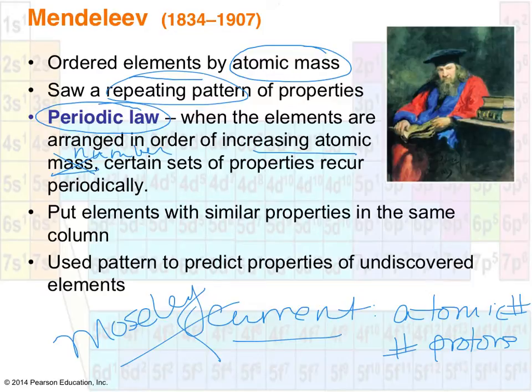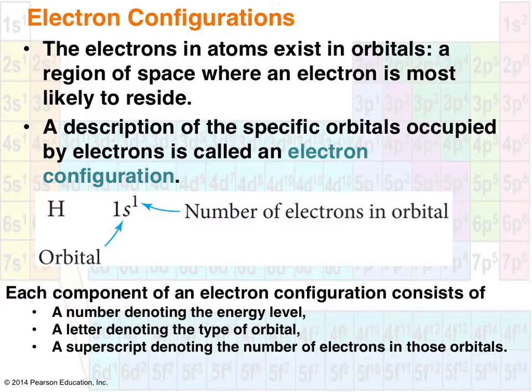And if you know the periodic table at all, you will know that elements that are organized into the same family or group have similar properties, and so that is the periodic property. All right, back to electron configurations.